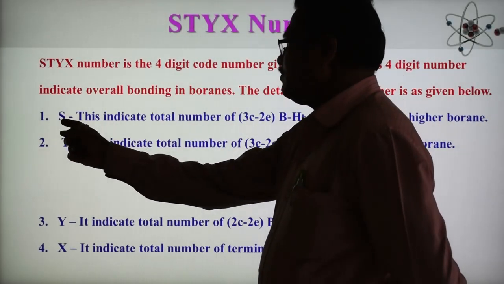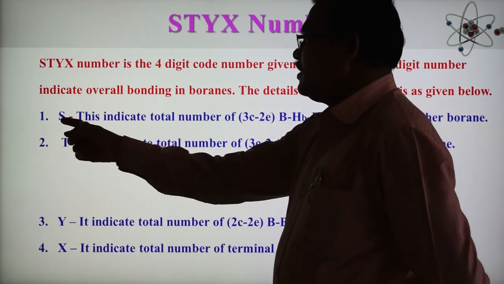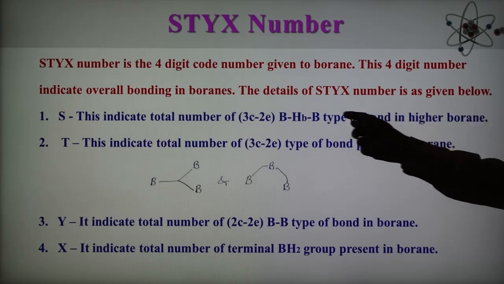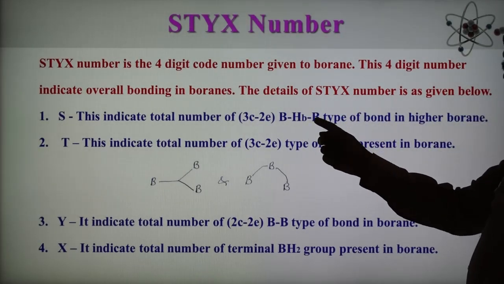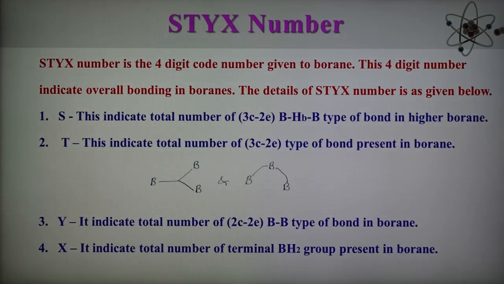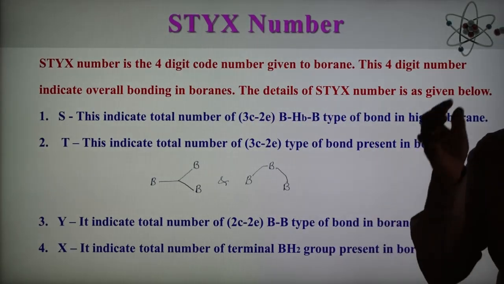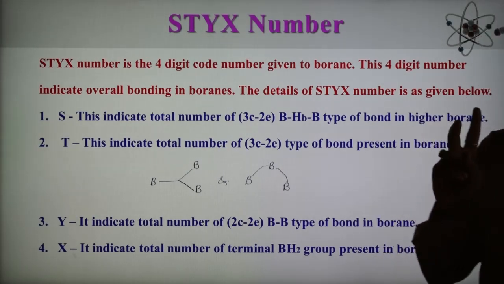So S indicates the total number of 3-centered 2-electron bonds, and this bond is of the type boron, hydrogen bridge, boron type of bond which is present in the higher boranes. 3-centered 2-electron means 3 nuclei and 2 electrons are involved.